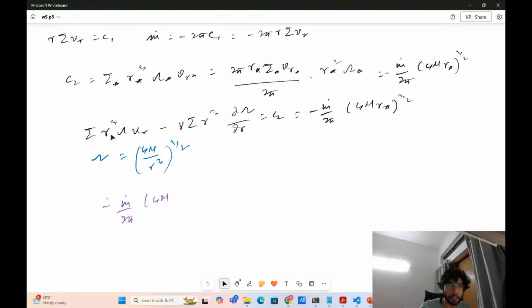If you separate out r sigma VR, you are left with r square omega, which is gm r whole to the power of half.